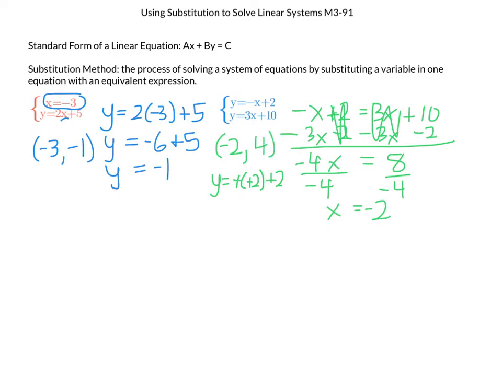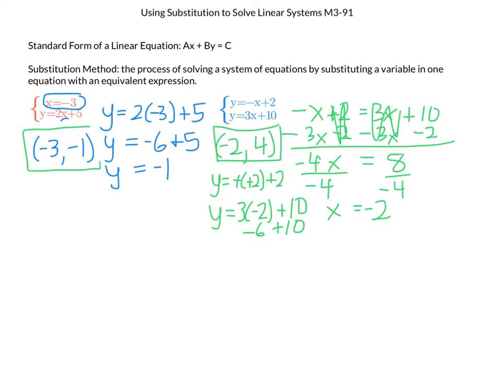I'm going to check it by plugging it into the other equation as well. y equals 3 times negative 2 plus 10. And of course, 3 times negative 2 is negative 6, and negative 6 plus 10 equals 4. So I'm confident that my solution is negative 2, 4, and I should always be boxing my solution, right? So this is the ordered pair. These are the ordered pairs where those systems of equations, or those lines, cross each other.